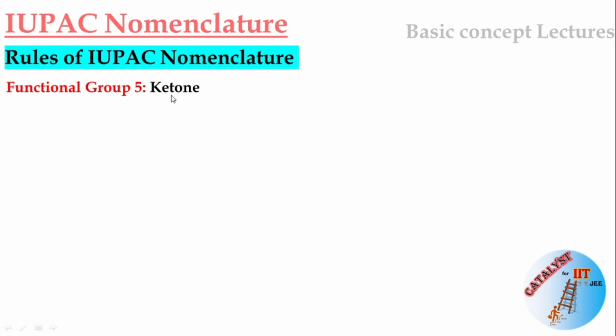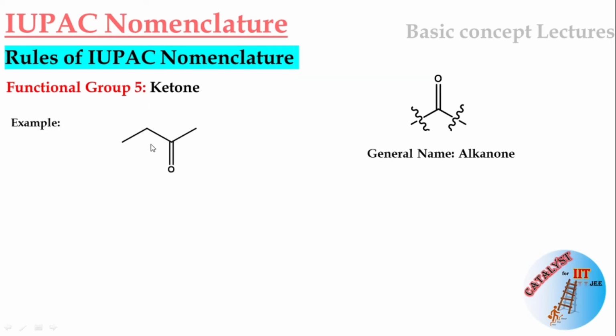But in ketone it is mandatory that the carbonyl functional group, meaning C=O, should be connected to two alkyl chains on both sides. So that is the general representation for this ketone functional group, in which the carbonyl moiety is connected to two side chains, and the general name for this is alkanone. You have to add the "-one" suffix while naming ketone containing hydrocarbons.